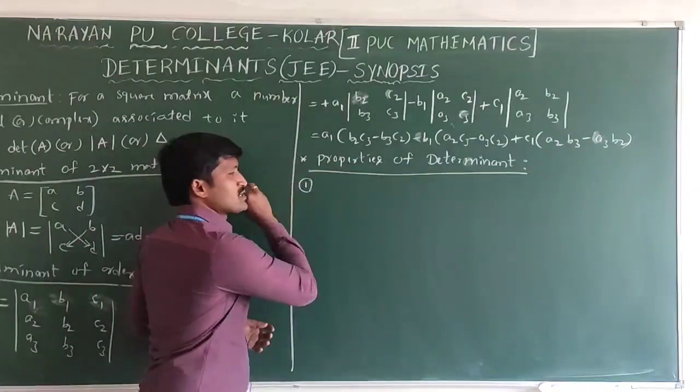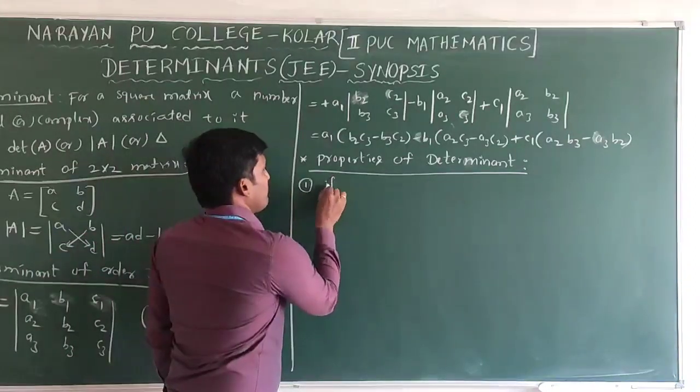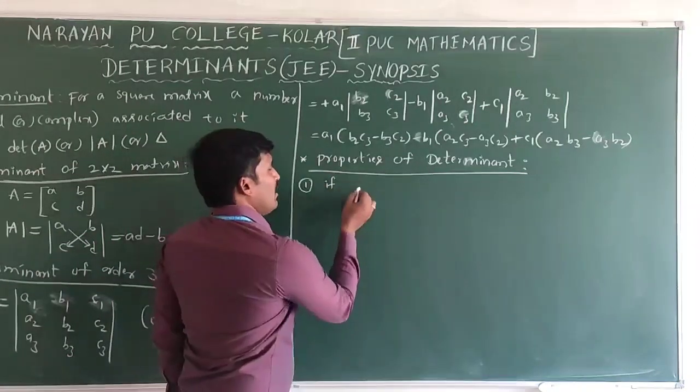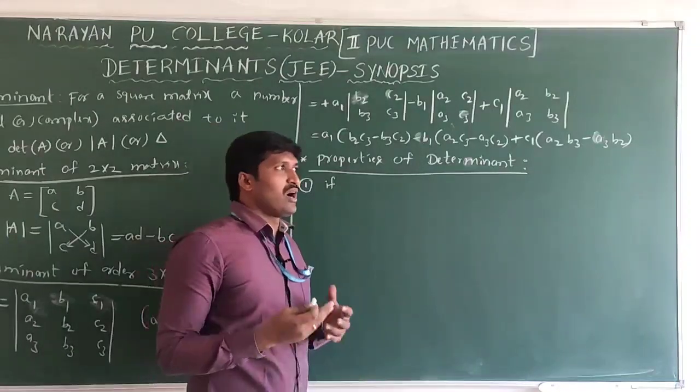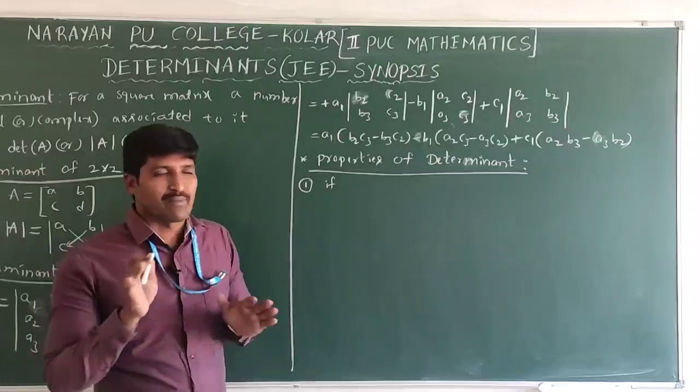In this first property, if all rows and columns are interchanged, the value of the determinant remains the same.